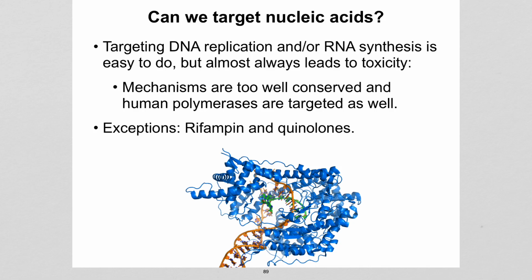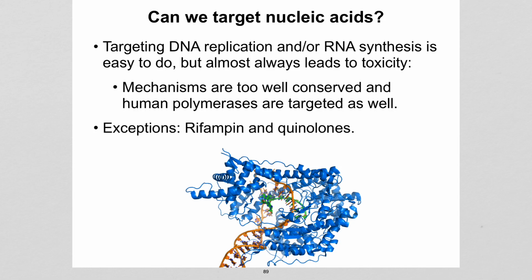The one group of drugs that I mentioned earlier, nucleic acid synthesis blockers, don't work very well. I mentioned this before. It's the same concept as chemotherapy. It's very easy to use inhibitors to block DNA replication or RNA synthesis and transcription, but they're toxic to humans.